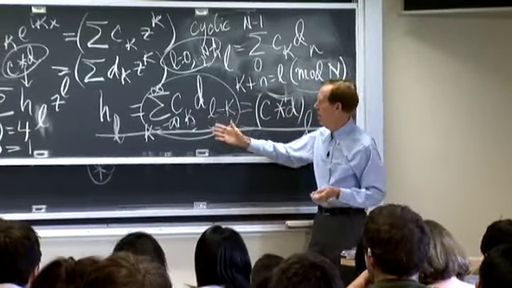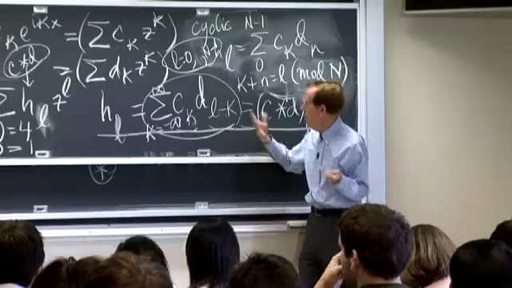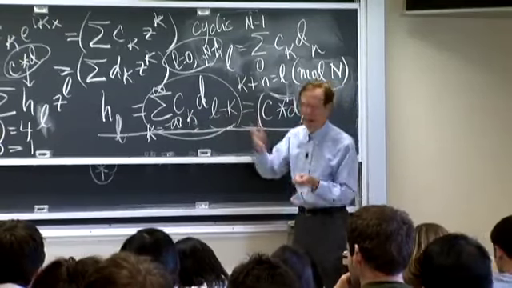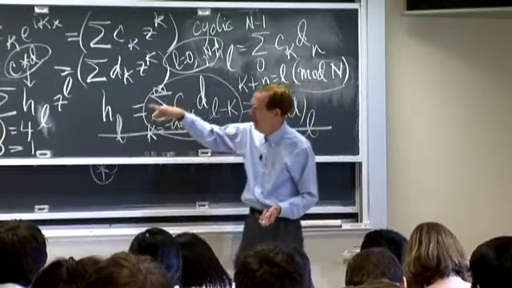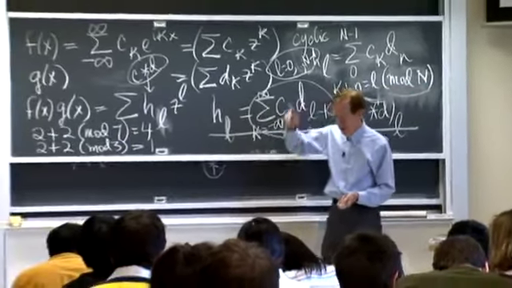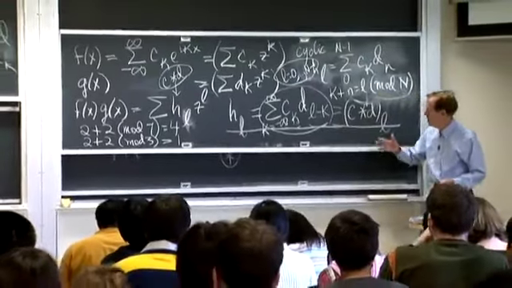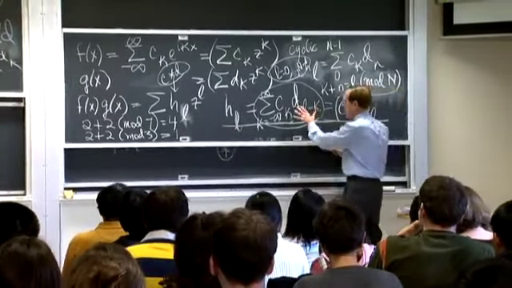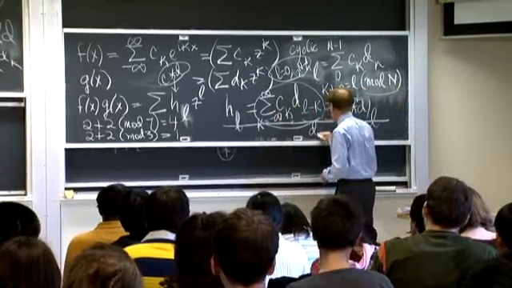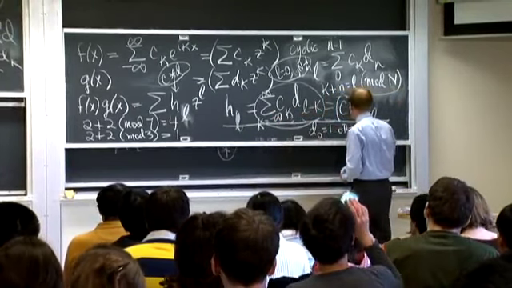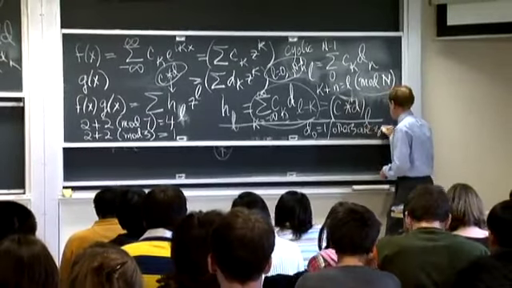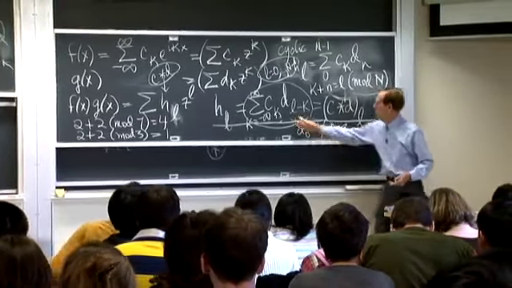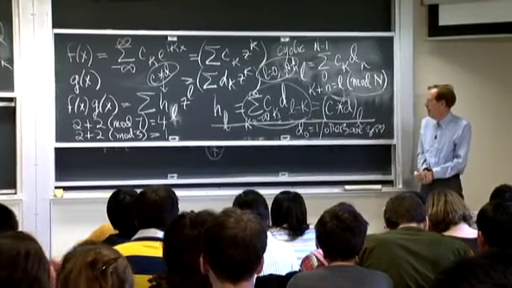But if D is this vector, if D has this property that D0 is 1 and all others are 0, so this is my little example, what does this sum boil down to?